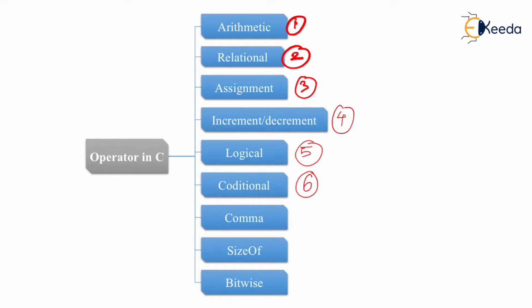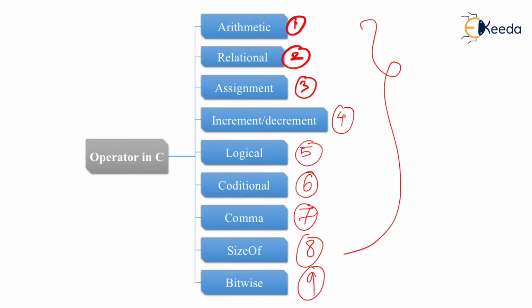Sixth is the conditional operator. Seventh is the comma operator. Eighth is the sizeof operator. And ninth is the bitwise operator. So in C programming, a total of 9 operators are present. With the help of these, you can perform different operations. Now we'll see them in detail one by one.